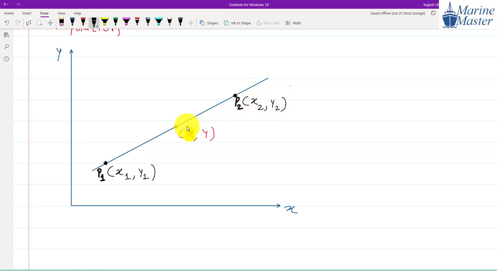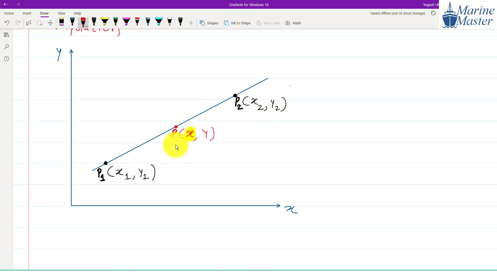And third point is P, its coordinates are X, Y. So this line is passing through the 3 points P1, P2 and P. Don't draw this figure, guys.